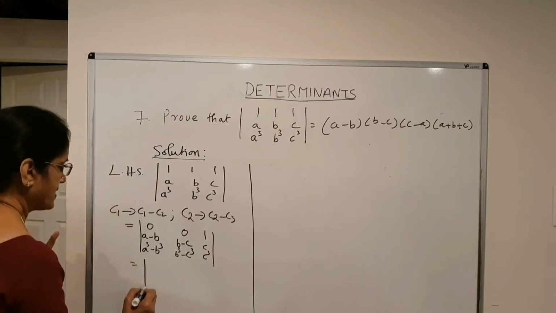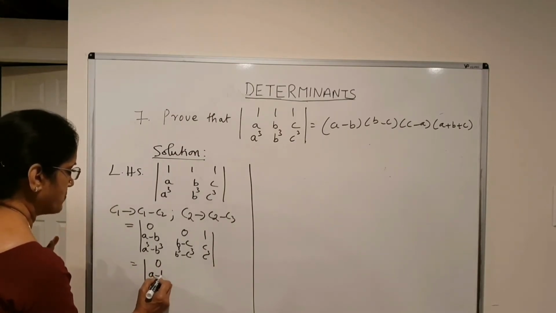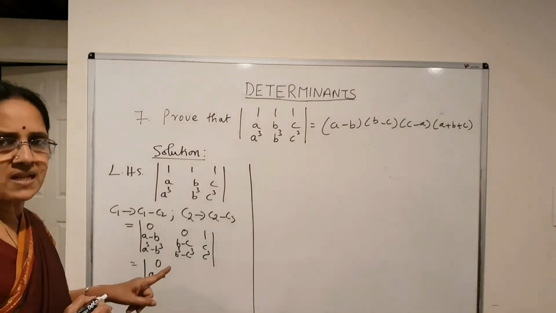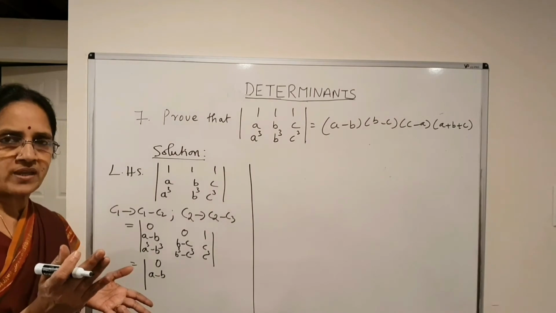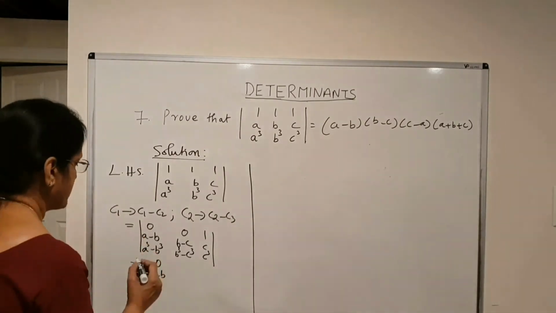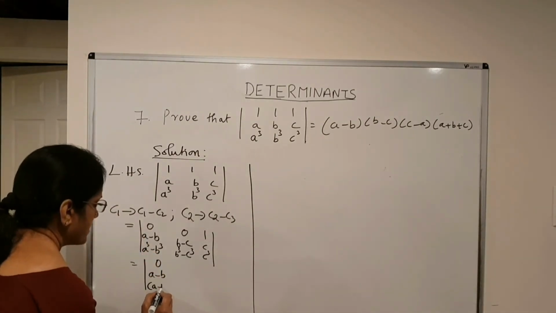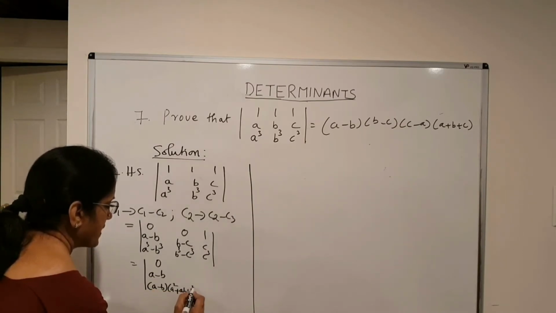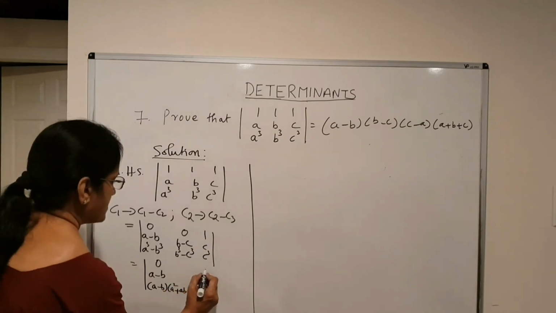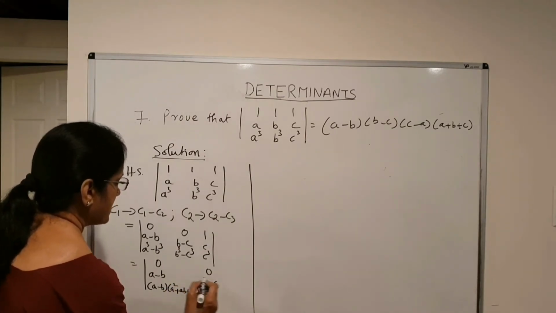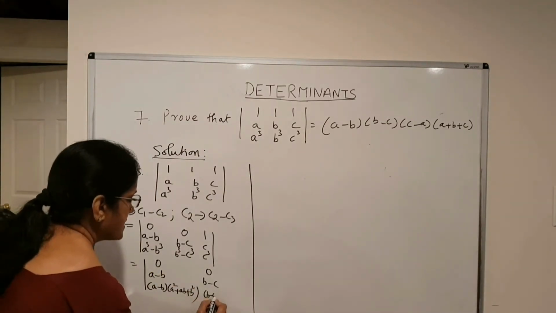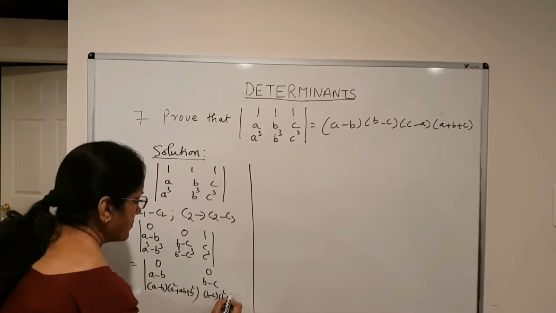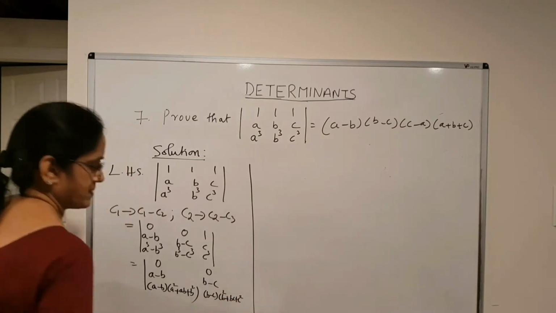This is nothing but 0, A minus B, and A cube minus B cube is nothing but A minus B into A square plus AB plus B square. That's the formula. Second column will be 0, B minus C, and again B cube minus C cube, which can be written as B minus C into B square plus BC plus C square.